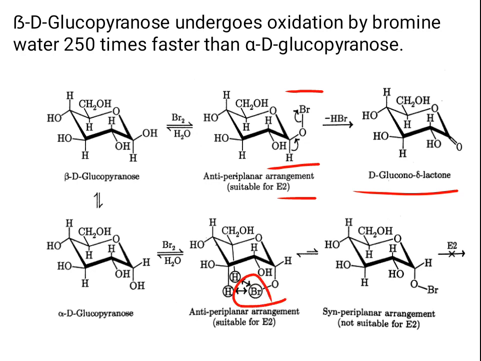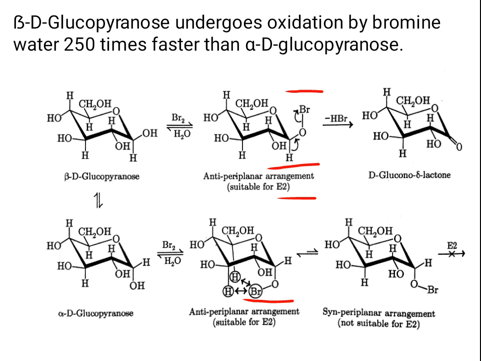But this bromine feels some repulsion with these hydrogens, the hydrogens of the 3 and 5 carbons. This is also called 1,3 diaxial strain. So because of this repulsion, this bromine cannot be in the anti-periplanar arrangement.